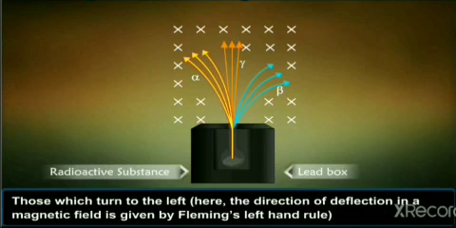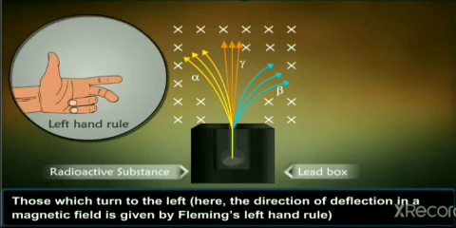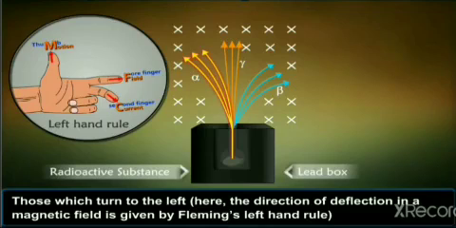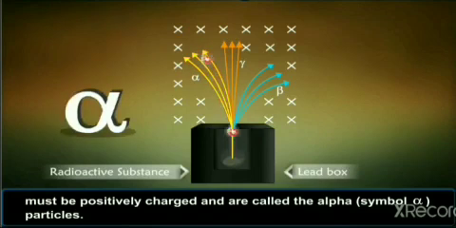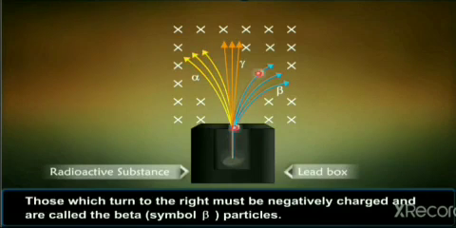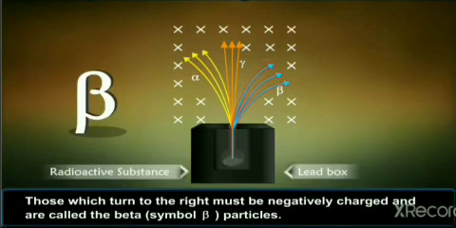Those which turn to the left, here the direction of deflection in a magnetic field is given by Fleming's left-hand rule, must be positively charged and are called the alpha particles, whose symbol is α. Those which turn to the right must be negatively charged and are called the beta particles, symbol β.